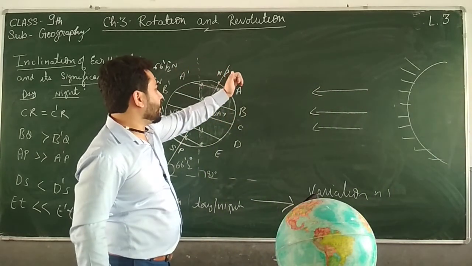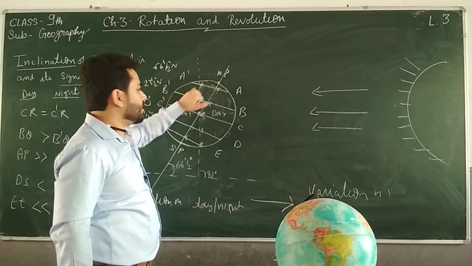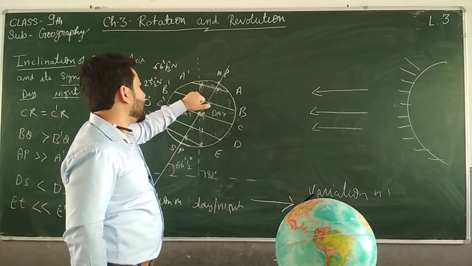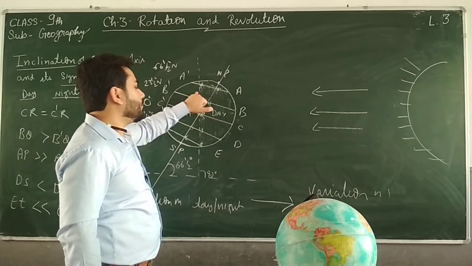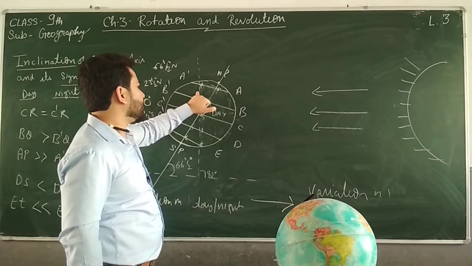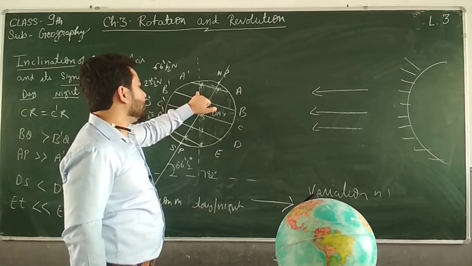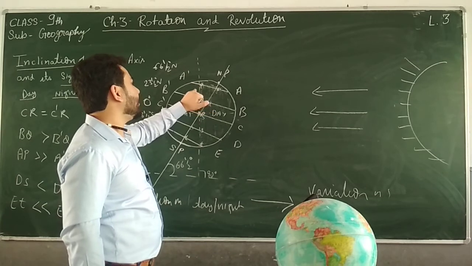Because the northern hemisphere is receiving sunlight for more hours than the southern hemisphere. This northern hemisphere is having days of more duration than nights. So the time period for which it is receiving heat energy is more than the time period in which it is losing that received heat energy.